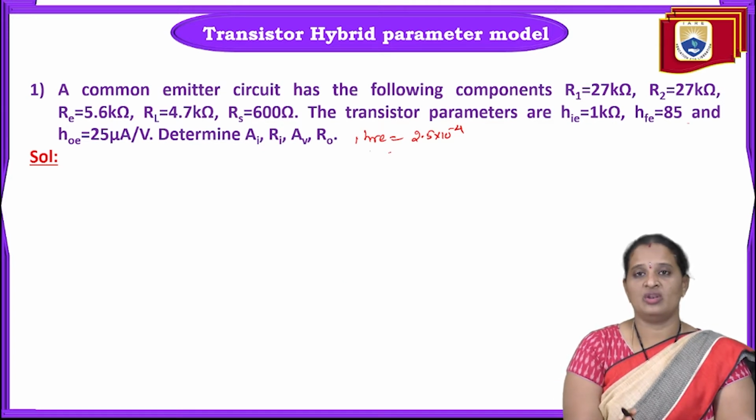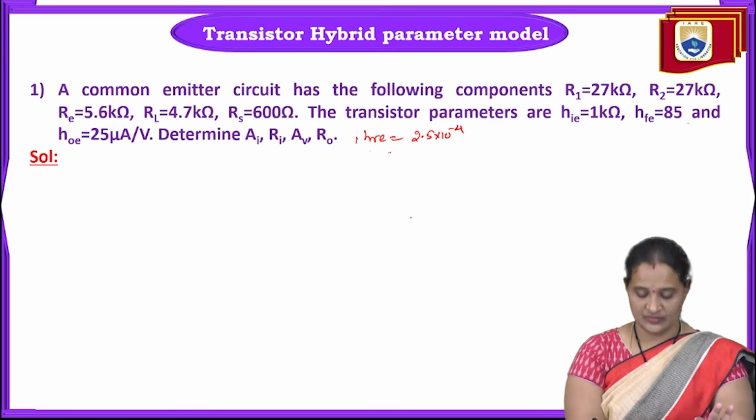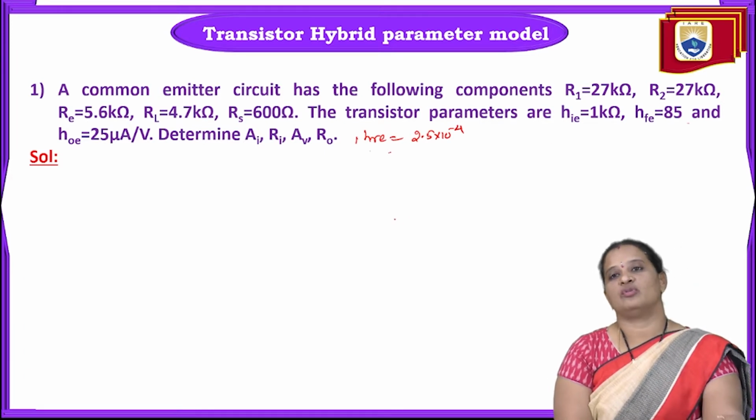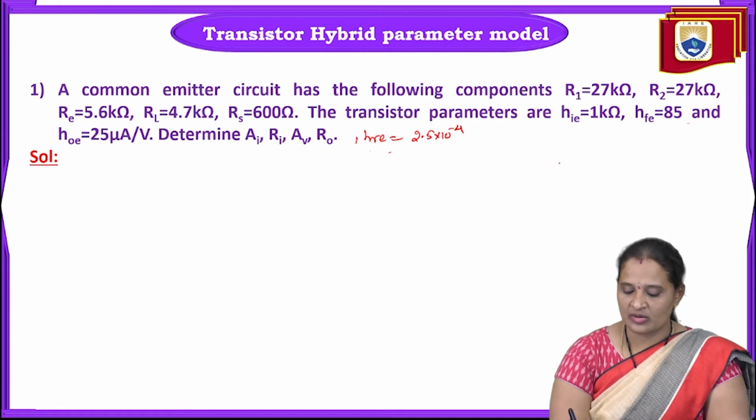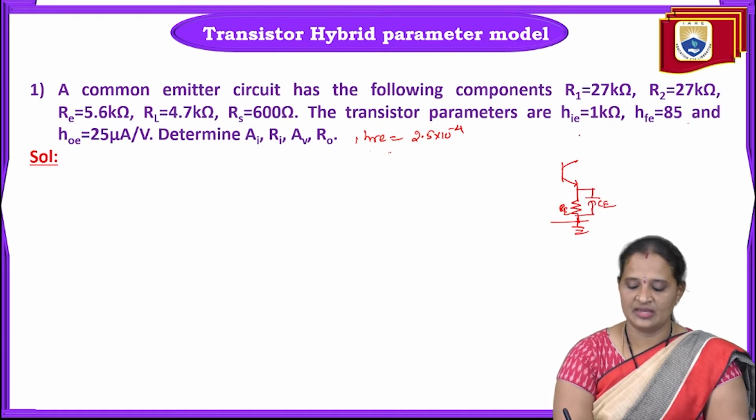First of all, this is a common emitter circuit with the various parameters given here. Now I want to draw the circuit. The transistor is connected in common emitter configuration where we have a resistance RE, and wherever we have a resistance we should have a capacitor, that is CE, and here we have RC, that is RL. RL is given.